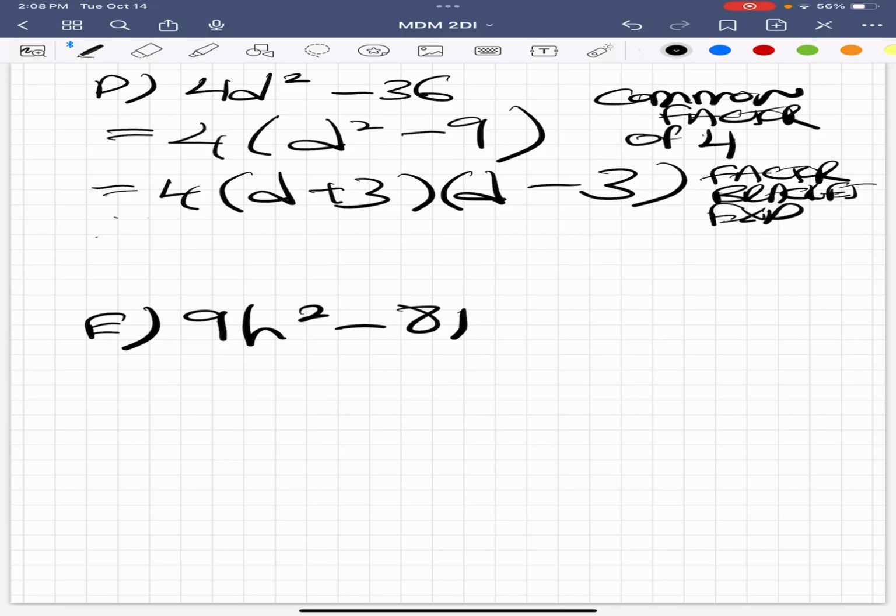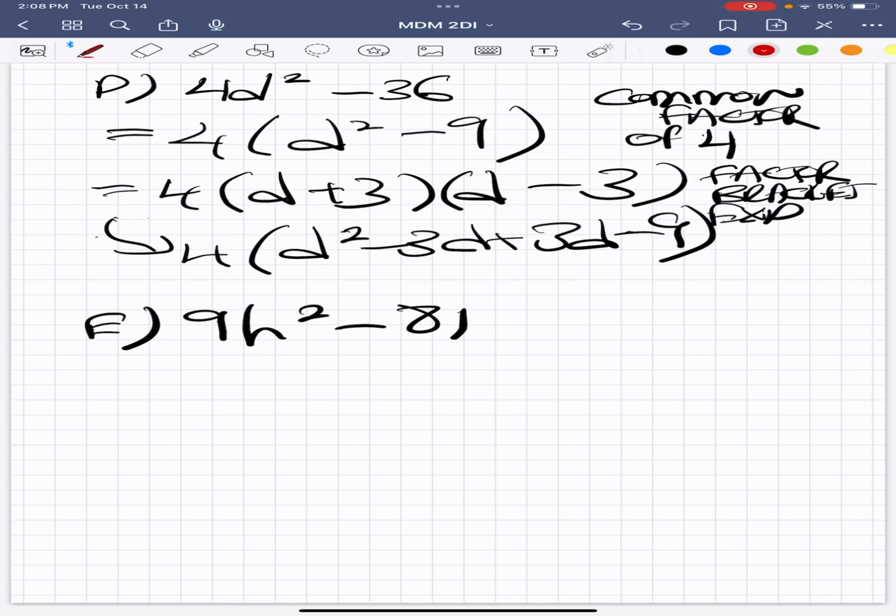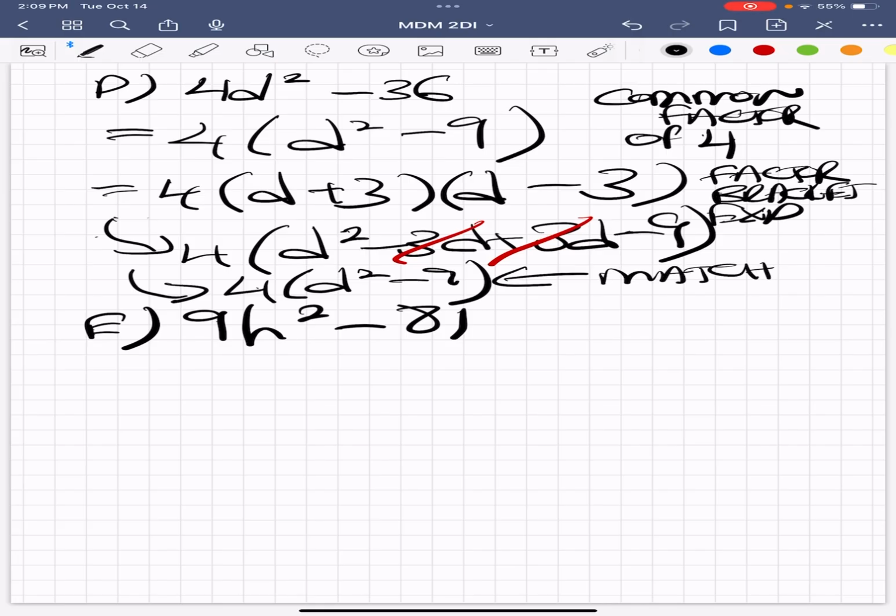If we were to expand, it would be d squared minus 3d plus 3d minus 9. And again, we cross out minus 3d and plus 3d because they cancel each other out. Then we have 4(d squared minus 9), and it matches the original expression.